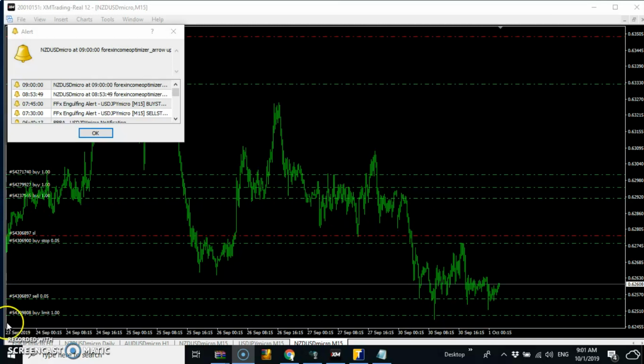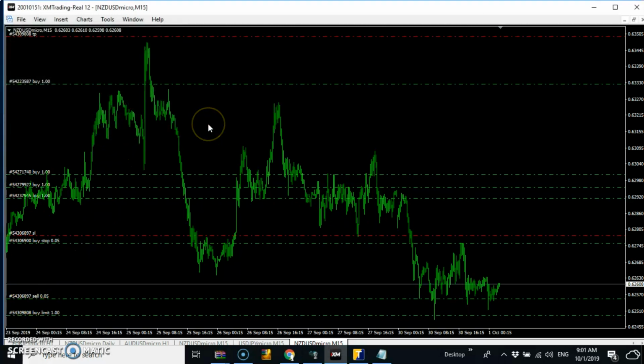Okay, I want to say this: the best thing that can make a trader successful in Forex trading is the ability to set a good goal, a goal that can be achieved, a daily goal that can be achieved day by day by day.